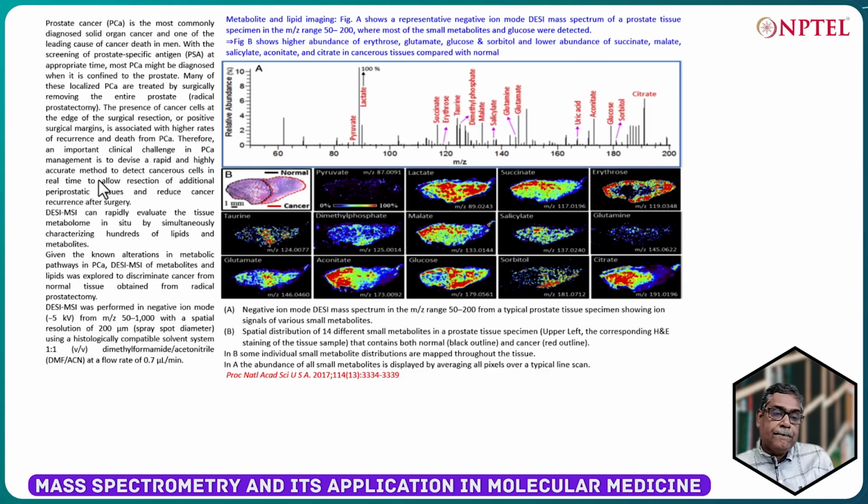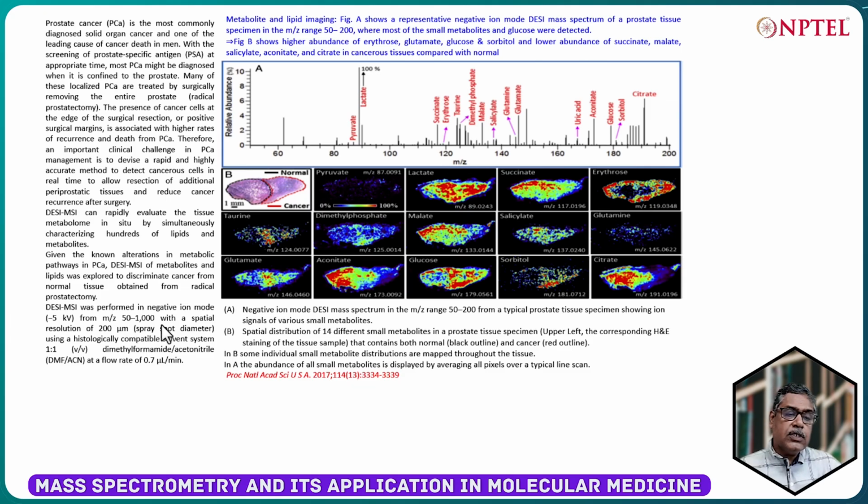So, DESI MSI is performed in negative ion mode. If we want to see lipids, negative ion mode is best, and even for small metabolites, negative ion mode, which detects negatively charged species like glutamate. Obviously, as I showed you, at the tip of the capillary there is a huge voltage, about 5 kilovolts. The m/z range is 50 to 1000 because we are focusing mostly on small molecules; we are no more interested in large molecules.